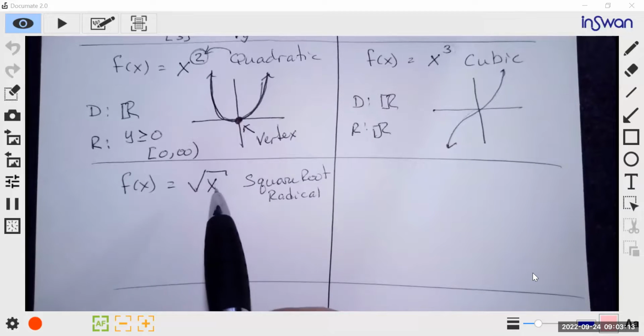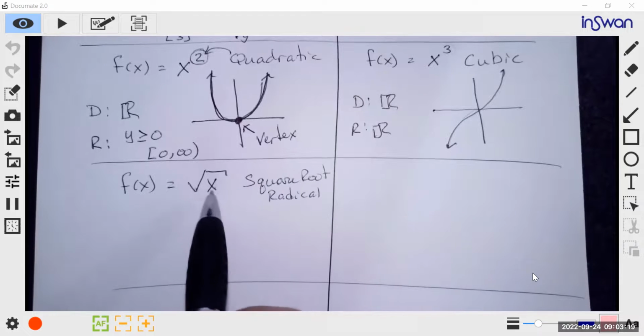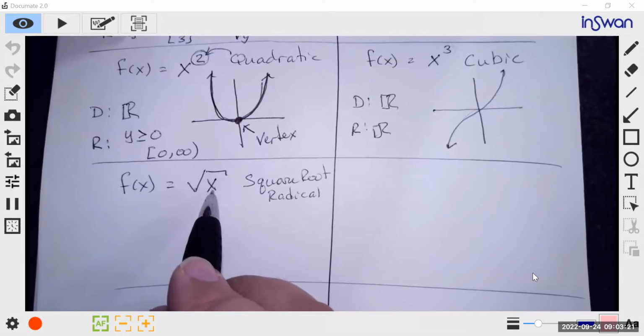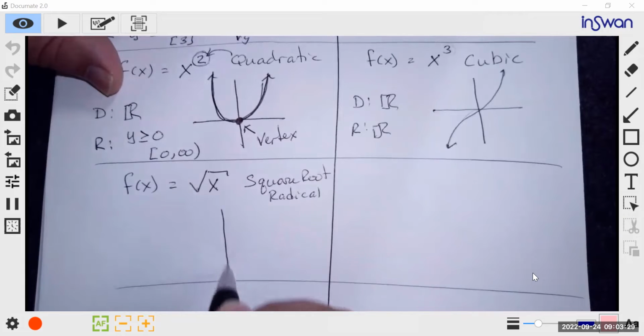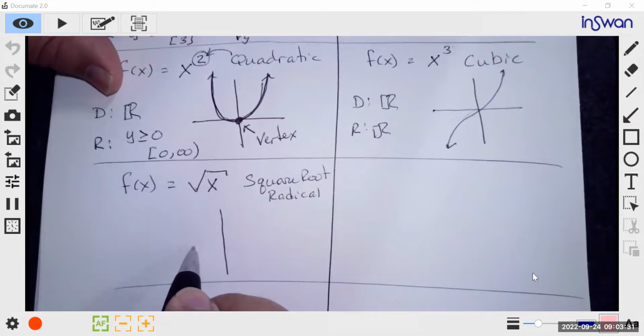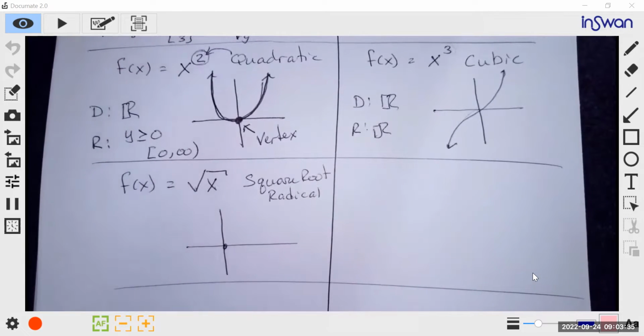But if I had square root of -9, -3 times -3 is a +9. So you can't have negatives. So no negatives. Can it be 0? Square root of 0 is 0. And it can be positive. So since it can't be negative, it could be 0.